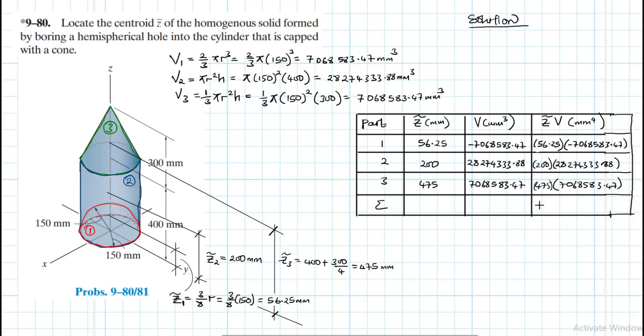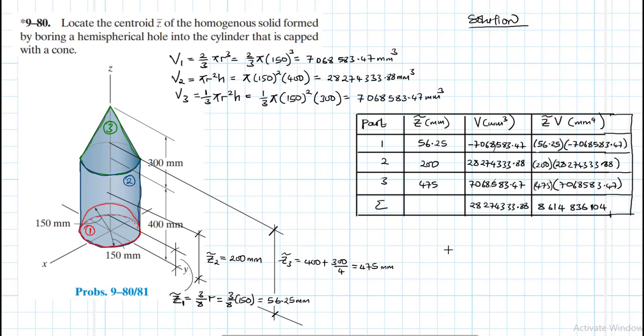Okay, so we have the final value of 8,614,836,104. A huge number. Then when we sum up the volume, the 2 will subtract, this and this will go, then we'll just remain with 28,274,333.88.